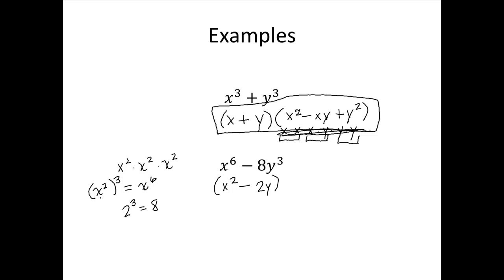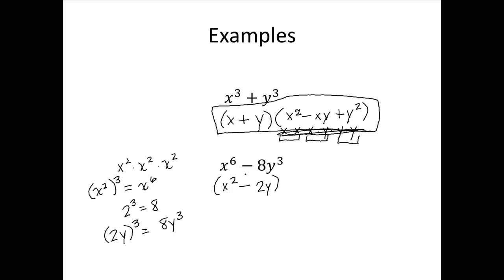That way I can look at that and know that my base is x squared. Here we did that with the 2, but if we think about 2y to the third power, that's equal to 8y cubed. So I know, yes, 2y is my base.